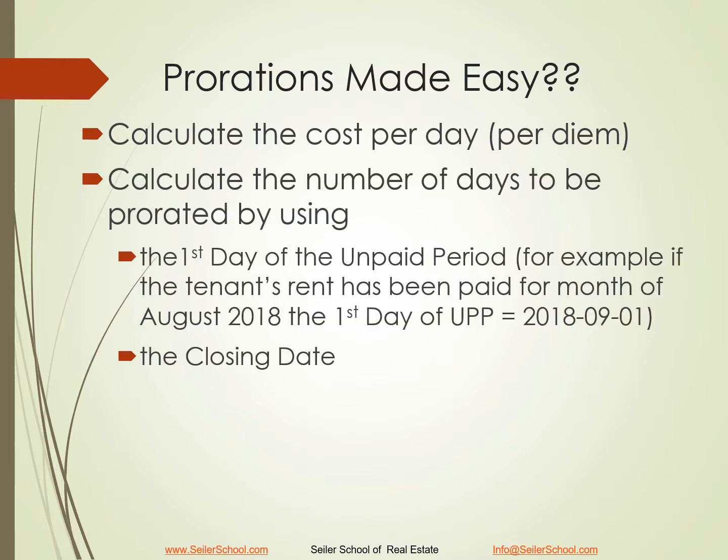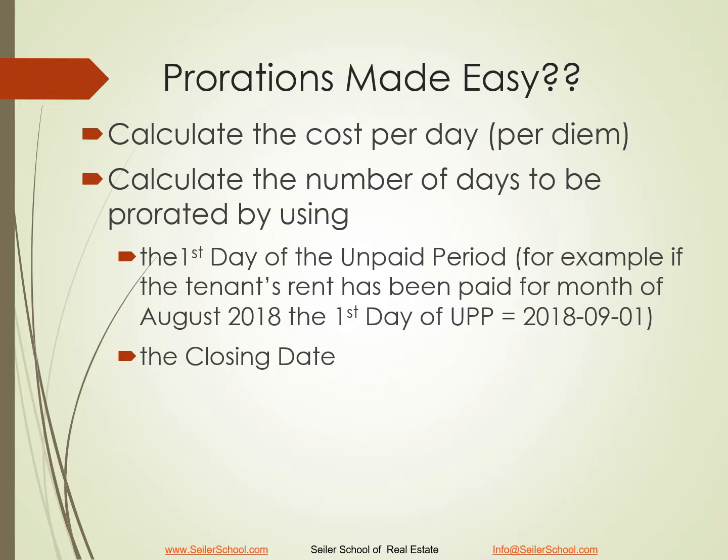Then we calculate the number of days that need to be prorated by using the first day of the unpaid period. And that sometimes confuses students, but really it's not that tough. For example, if the tenant's rent has been paid for the month of August 2018, tenant paid the rent, it's paid through August, the first day of the UPP or unpaid period would be, and I'd write it in this formula, 2018-09-01.